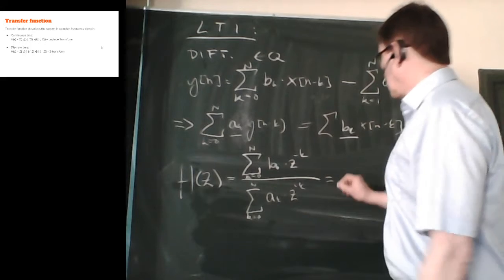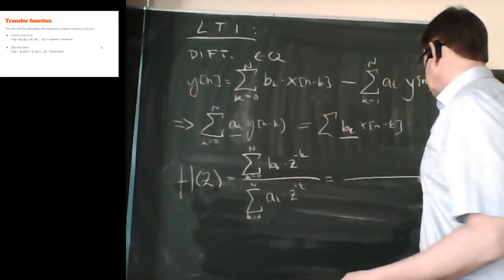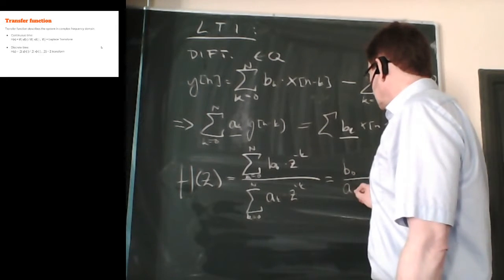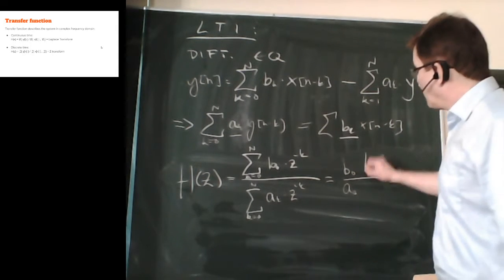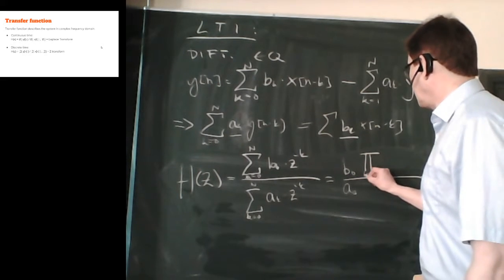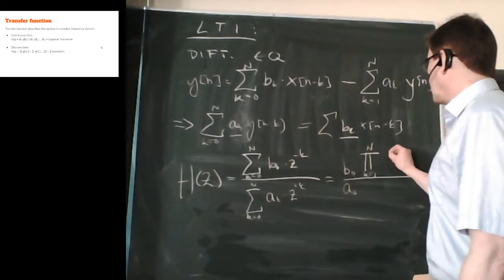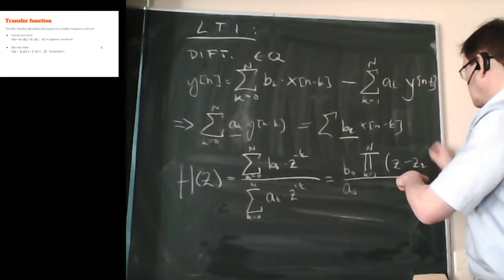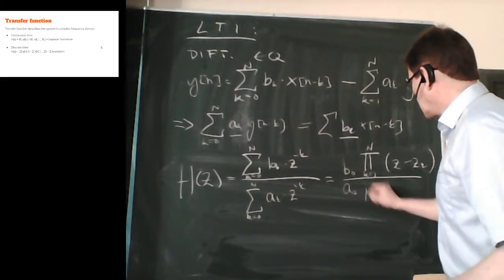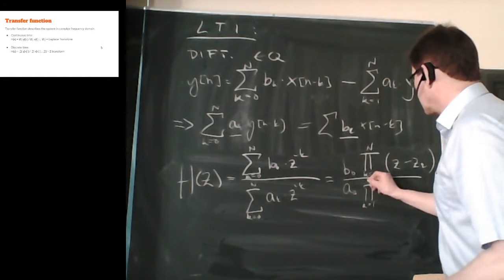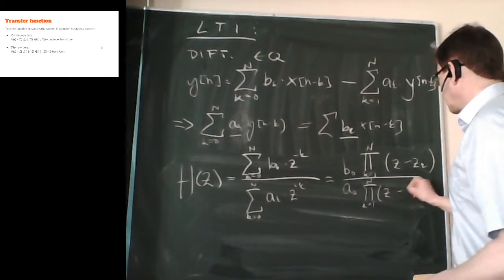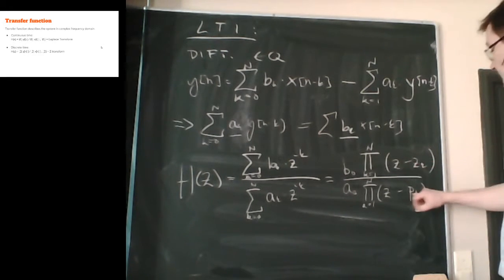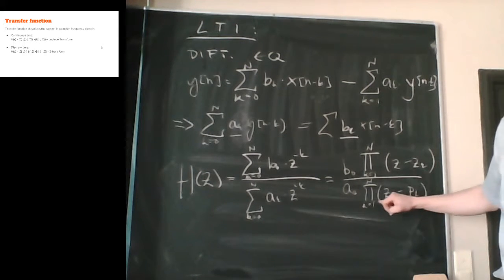Which can also be written, with some magic with the mathematics, with a gain factor b0 over a0 times the product for k from 1 to n of z to minus z_k, the roots of this polynomial, and downstairs k from 1 to n z to minus p_k, where these are the zeros of this polynomial and these are the poles of this polynomial.